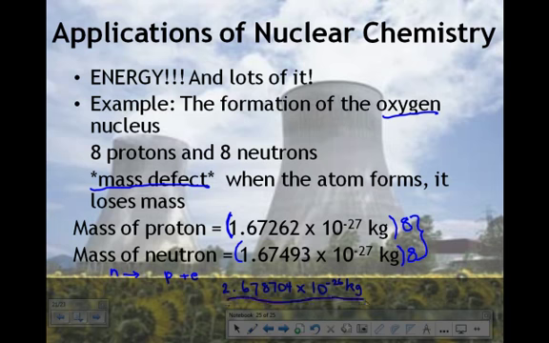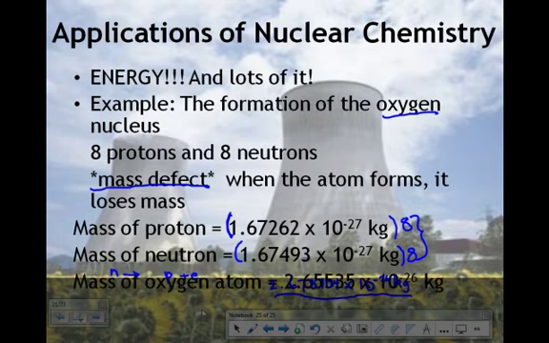If we were to add the mass of 8 protons and 8 neutrons together, then we should get exactly this much. Well, in reality, here's what the mass of an oxygen atom is. Remember that mass of that oxygen atom comes from its protons and its neutrons, not from its electrons.